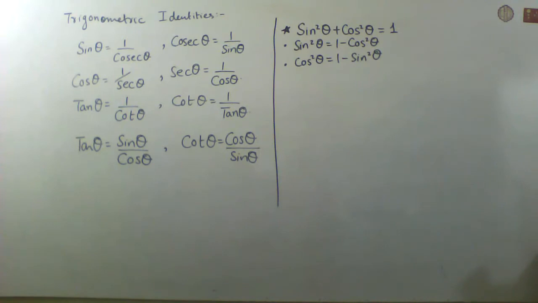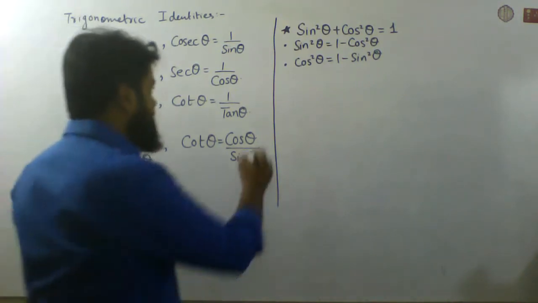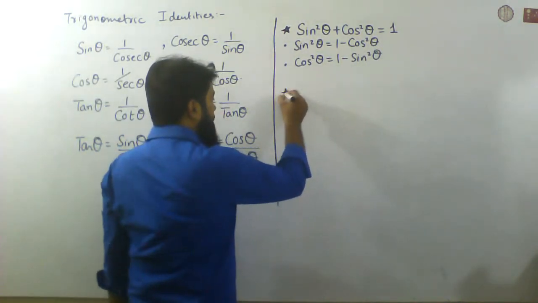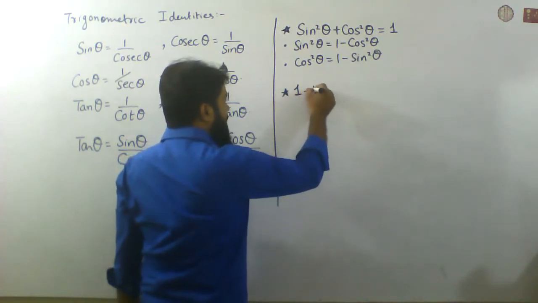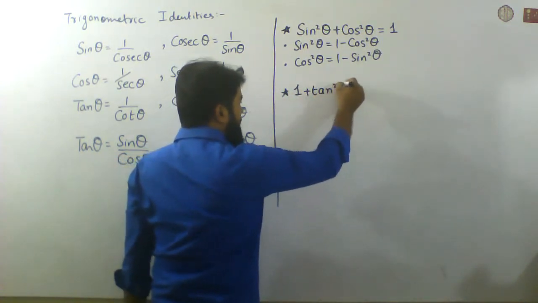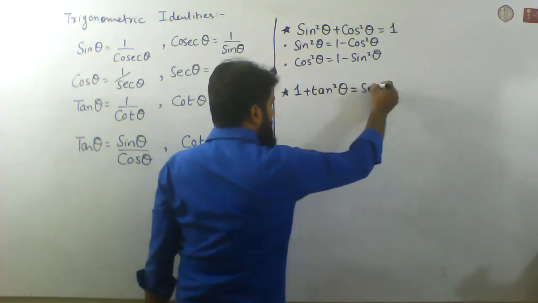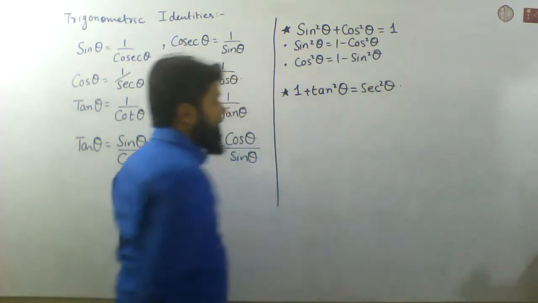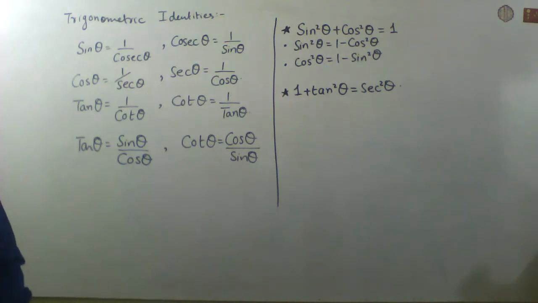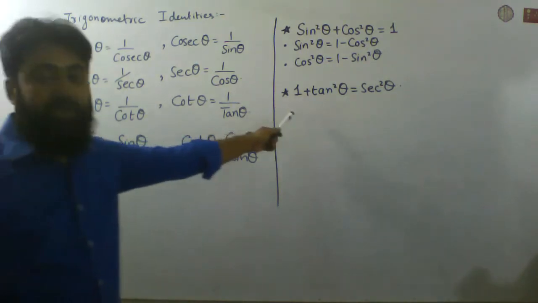Okay, the second one which we have got is 1 plus tan square theta equals sec square theta. That is another squaring property.